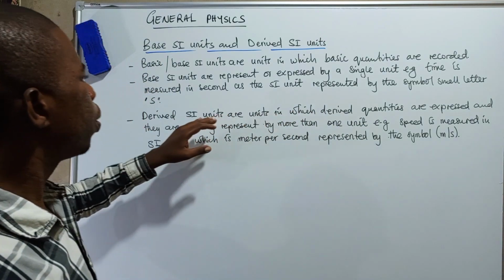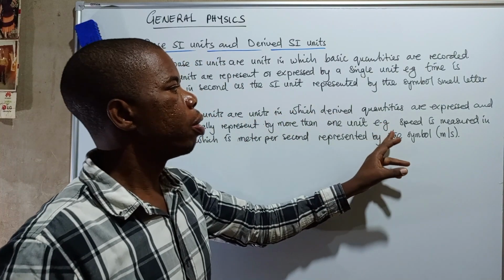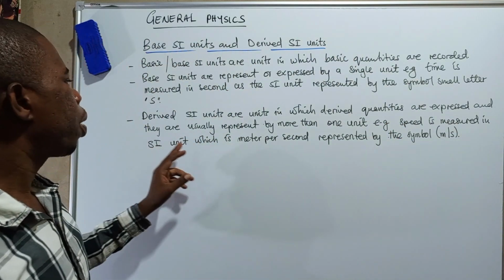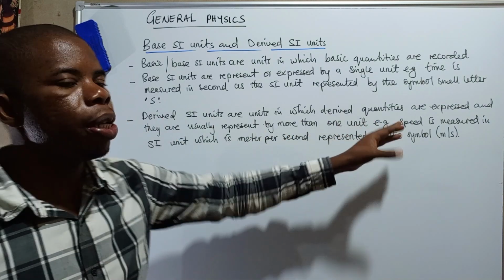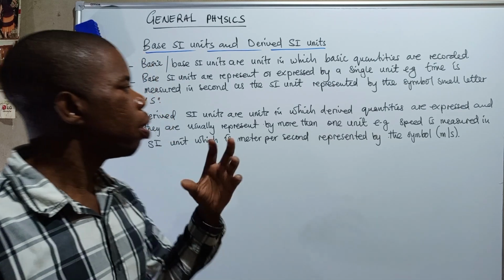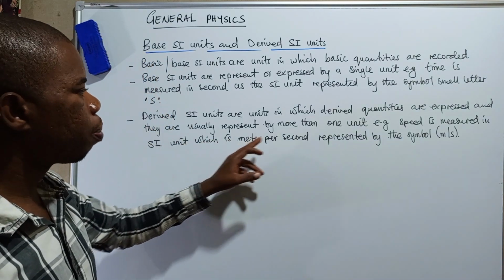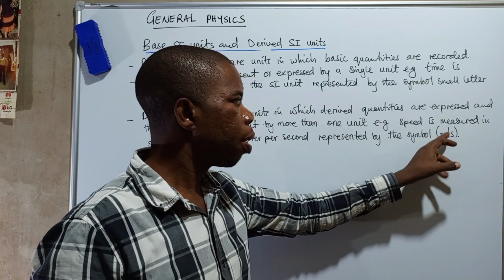E.g., speed is a derived quantity and it is measured in an SI unit, which is meters per second.